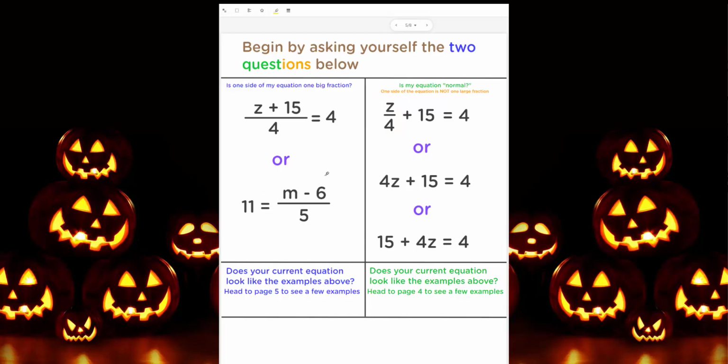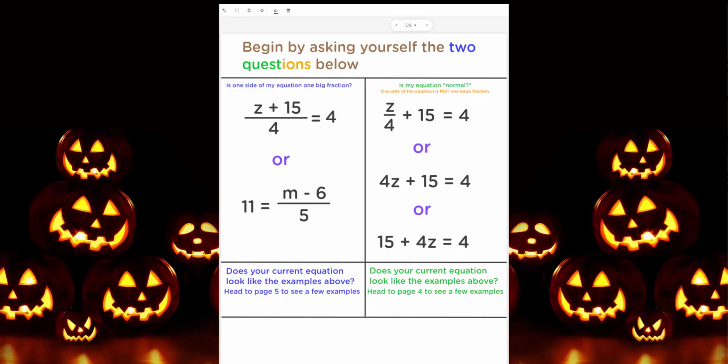Again, I will come back to this page in just a moment, but when you are working, be it on ClassKick or on Khan Academy or on Prodigy, if you are going to refer back to these notes, like if you run into something that's giving you a hard time, you're going to follow the examples on page 5 if the equation you're working with has one side of the equal sign that's one big fraction, and you'll use the examples on page 4 if your fractions are normal, meaning that one side of the equal sign is not one big fraction.